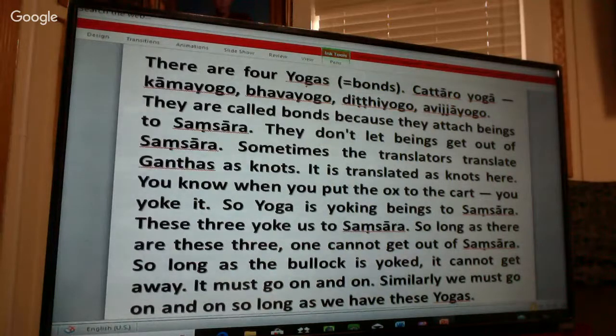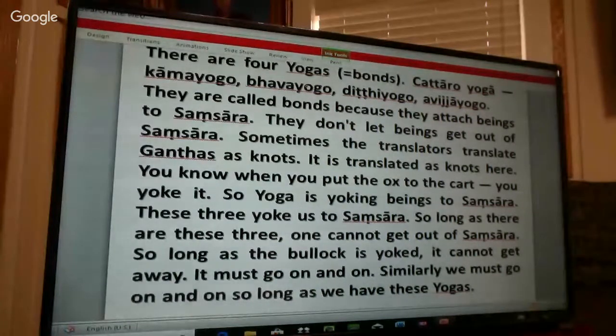So long as a bullock is yoked, it cannot get away. It must go on and on. No chance to run away. Similarly, we must go on and on for so long in samsara, the round of rebirth, because we have these four yoga: kamayoga, bhavayoga, ditthiyoga, and avijjayoga.